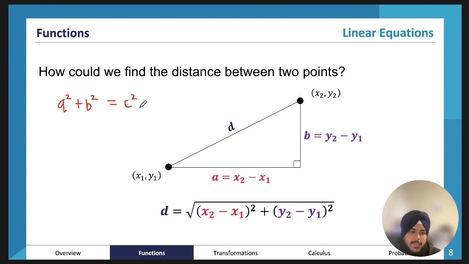And instead of finding c squared, we're finding d squared. Then, to find d, we just square root whatever a squared plus b squared is. So that's essentially how this formula is derived. So you just have to memorize this and apply it whenever you get a question asking about the distance between 2 points. This concept does come up on the exam fairly often, so it's definitely something that you just have to remember.